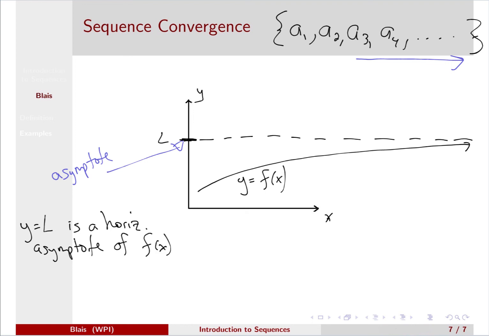Mathematically, that was because the limit as x goes to infinity of f of x was equal to L. And we want to define in a similar way the idea of a sequence getting arbitrarily close to this kind of number. The way we can think of that pictorially is, let's just look at index values.